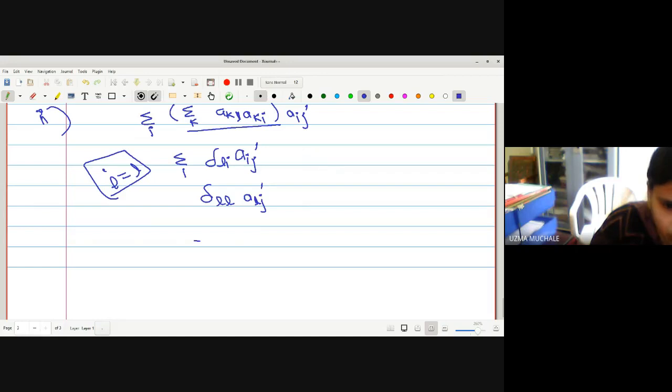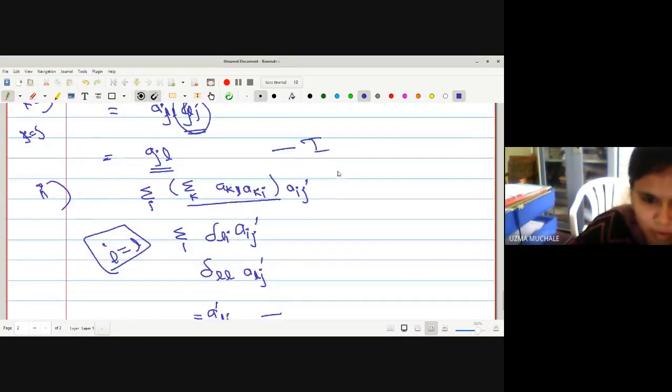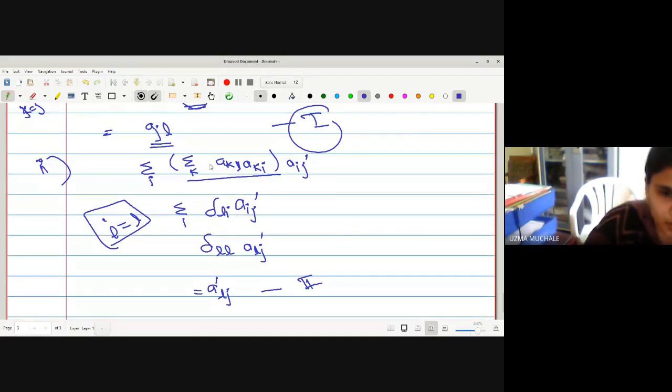It is equal to 1, and we get it as alj dash. This is equation 2. Right. So first we have got the summation after running the summation over i first, and then summation over k. And here we have run the summation over k first and then summation over i.